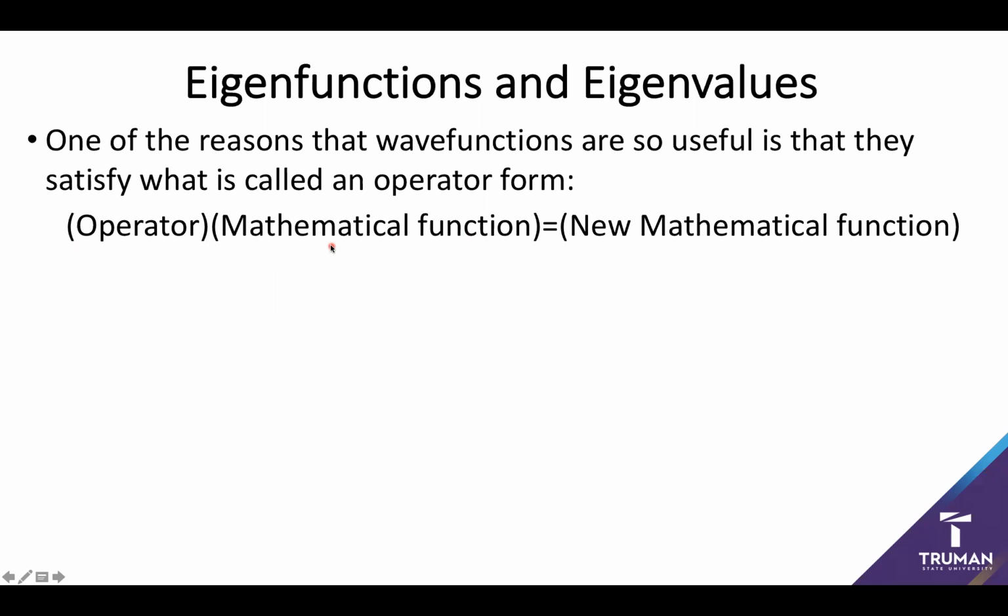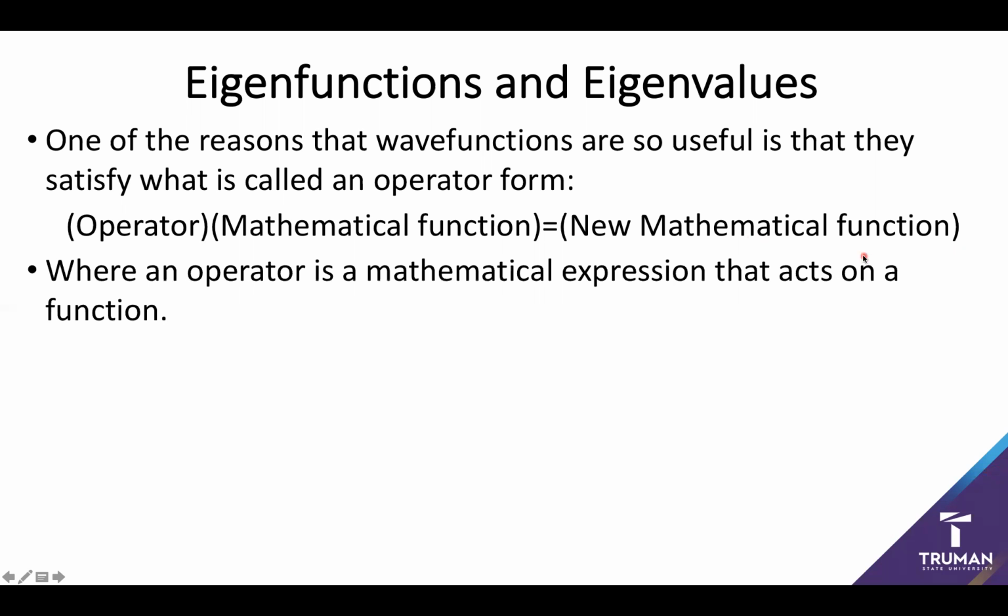For us, this is typically going to be our wave function. So when you apply this operator to our wave function, you're going to get some new mathematical function back out. Where again, our mathematical operator is just any mathematical expression that can act on a function. So you think of a thing you can do to a mathematical expression, that's probably an operator.